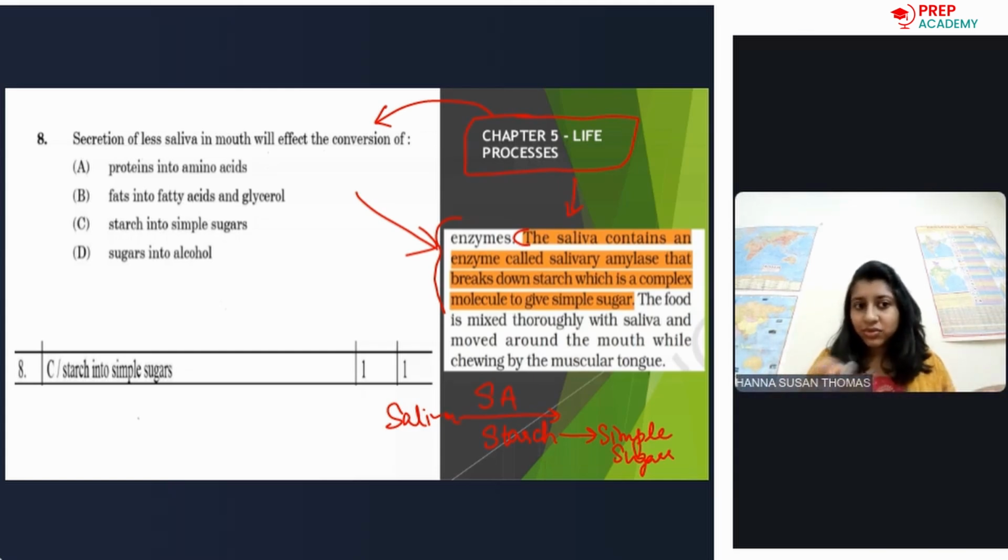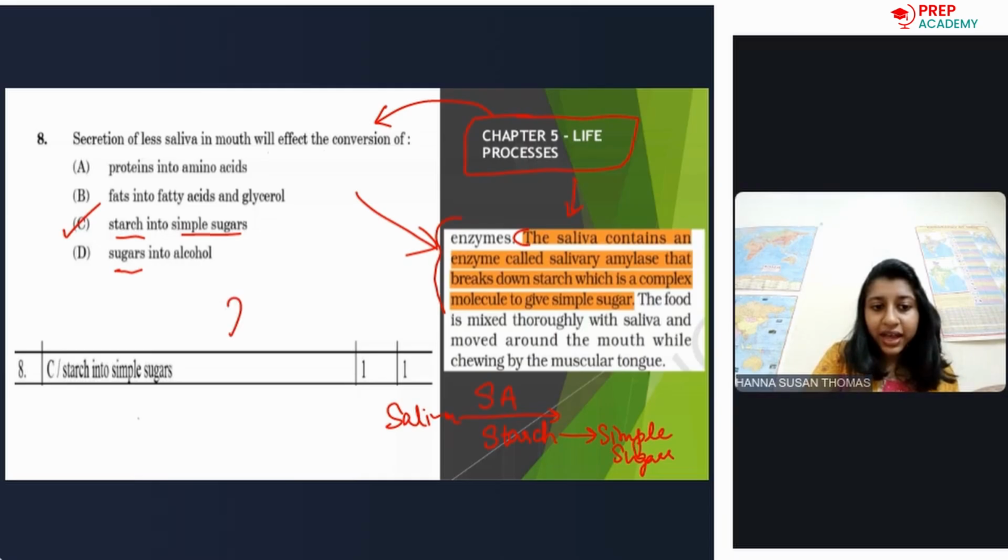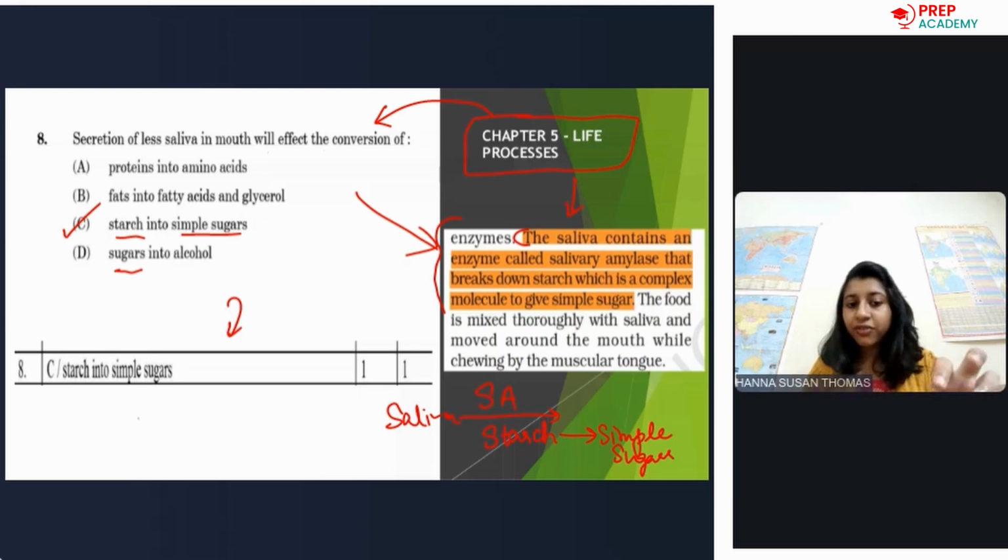So if there is less saliva in our mouth, starch cannot be converted into simple sugars. So our answer will be option C, starch into simple sugars. And here I have inserted the answer key of the official answer sheet.